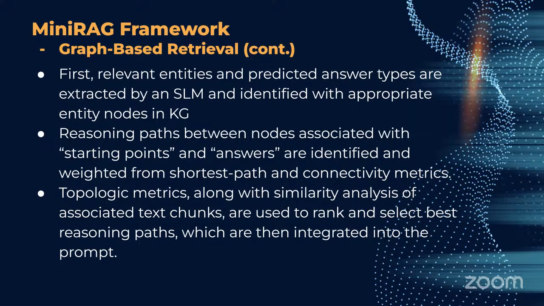And this then gives the SLM the ability to identify actual paths between what it considers starting point nodes, those entities from the query that it identified, and its predicted answer types.